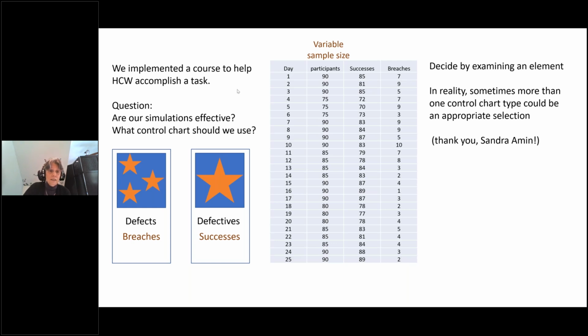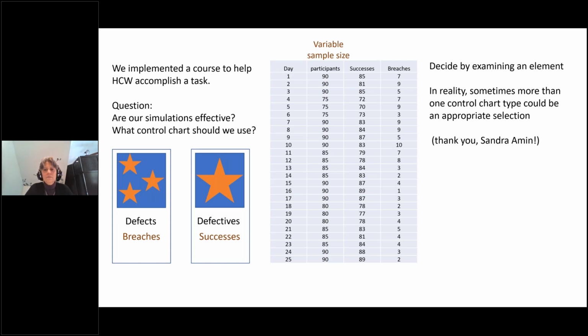I hope that's clear. So our question is, are simulations effective? And to figure that out, what control chart should we use? I'm thanking Sandra Amin because I thought her article, which is in the references at the end, is the best introduction, and she's very generous. She says that in reality, sometimes more than one control chart can be appropriate.